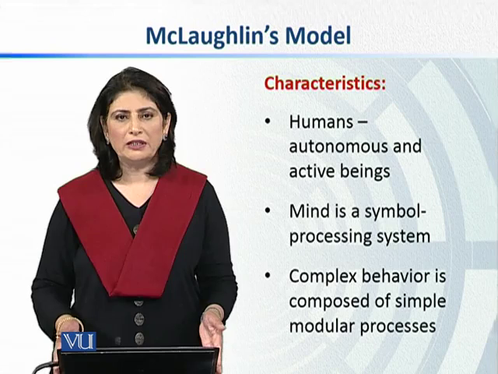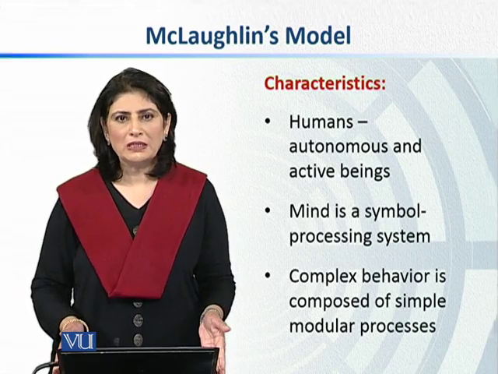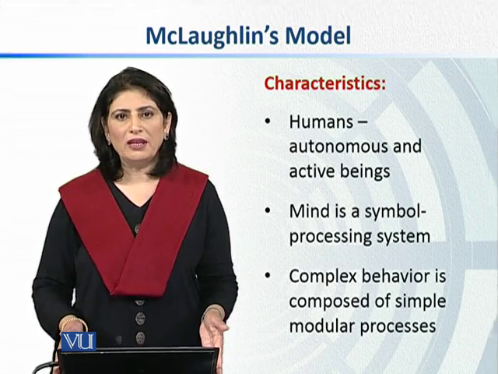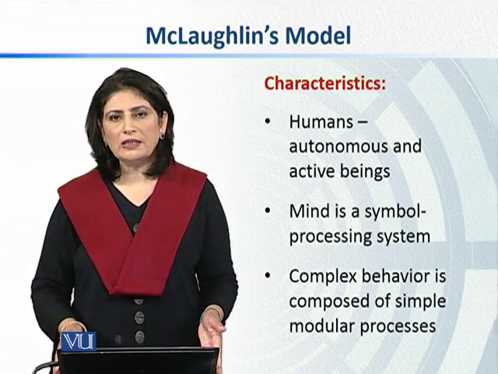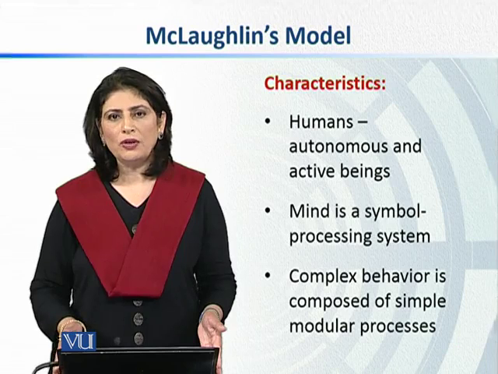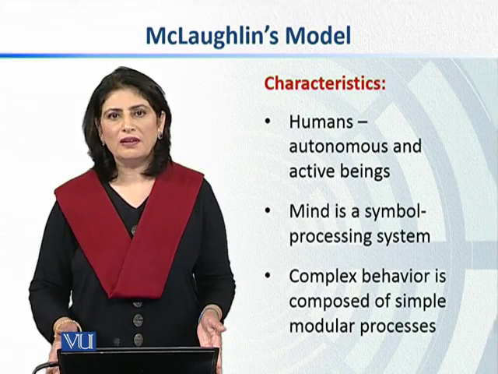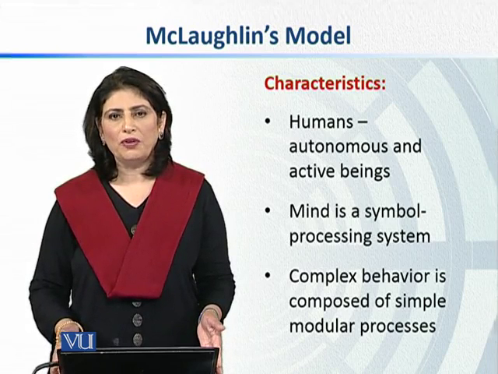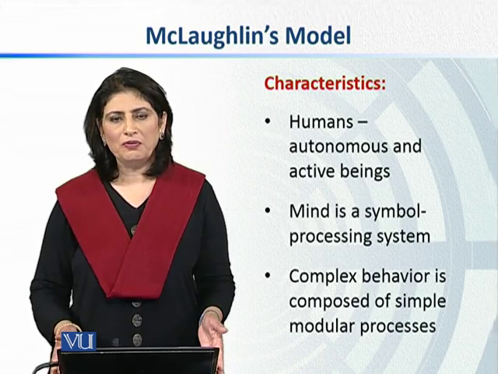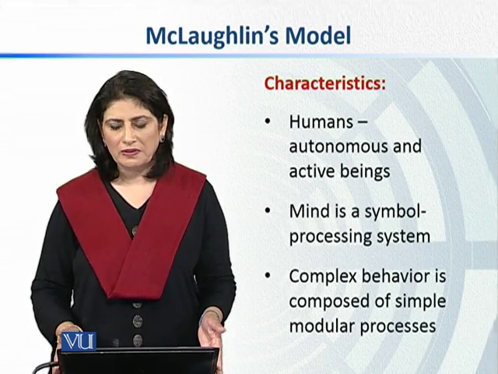It is not that the language is just assimilated in their minds when they are exposed to it. The mind itself is actually a symbol processing system. So different symbols, in terms of images and language symbols, are presented before the mind, and the mind processes them.